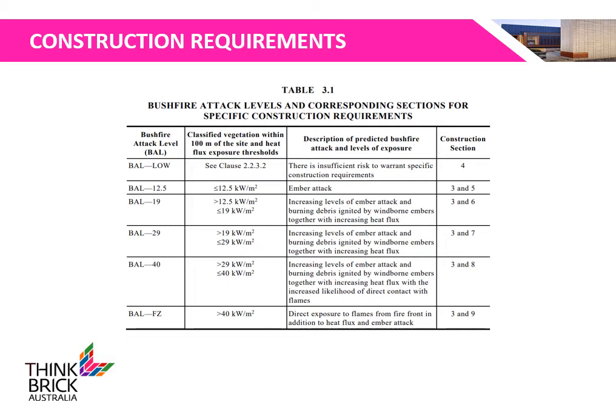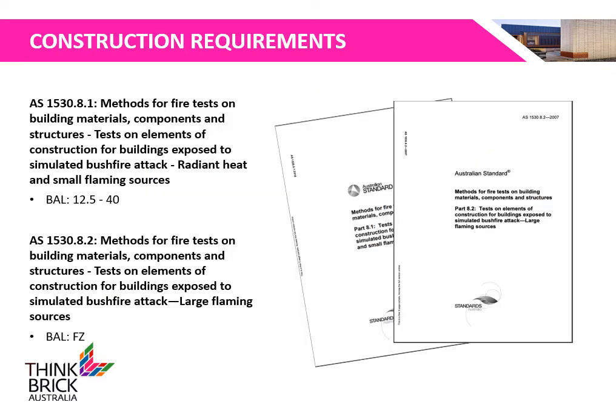Once we have calculated the bushfire attack level, we determine the corresponding construction requirement. Components such as subfloor supports, floors, walls, external glazing elements, doors and roofs shall be designed accordingly, just to name a few. Building materials and components must be fire tested to determine if they are fit for use.